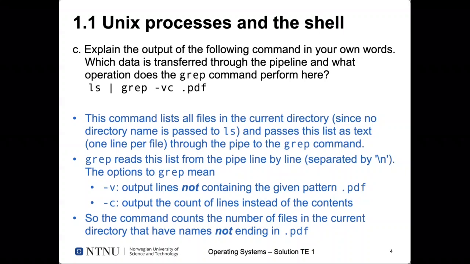Then grep takes this list line after line, separated by a newline, the \n character. The options to grep: -v means we invert the match, so we only output lines not containing the given pattern, which is the last parameter, .pdf here. And c is an option to just output the count of lines instead of the contents. So essentially, this command line gives you the number of files in your current directory which are not PDF files.